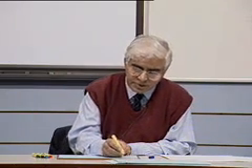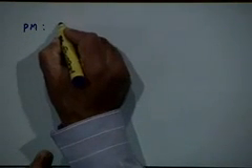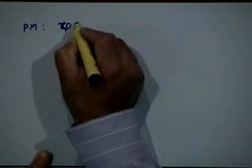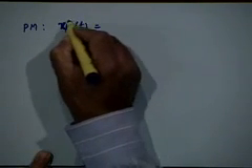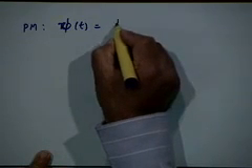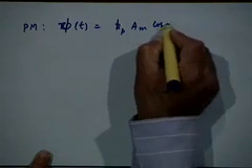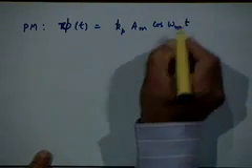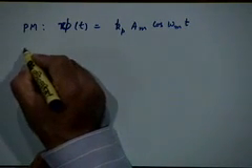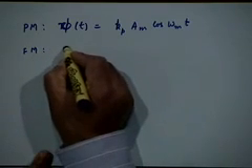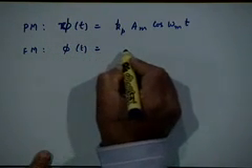So let us take m(t) equal to A_m cosine omega_m t, and for the phase modulated signal, the instantaneous phase will be given by k_p times A_m cosine omega_m t. For FM, what will be the value of the instantaneous phase?